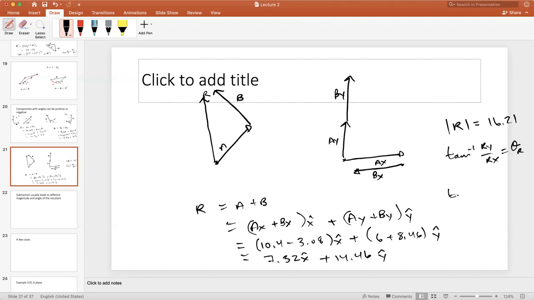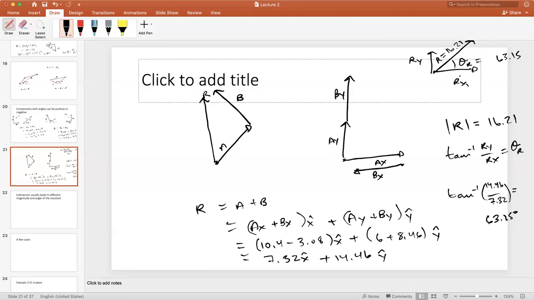This is arctan of 14.46 over 7.32, and that is equal to 63.15 degrees. So now I know that Ry and Rx look like that, and this angle of R is 63.15 degrees, and R has a magnitude of 16.21, whatever my units are.